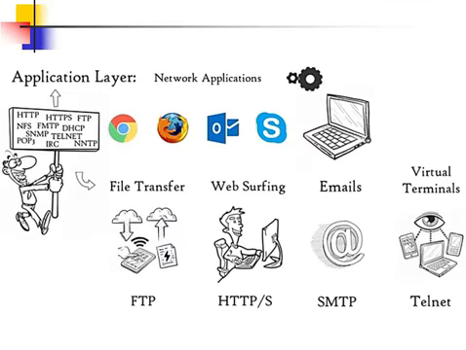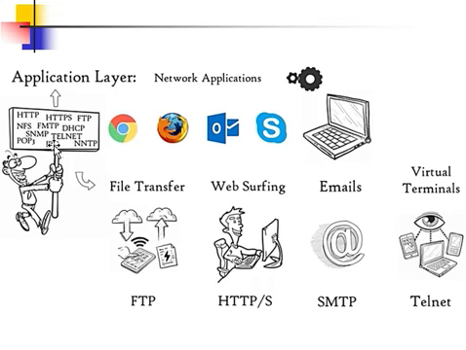Here is the example. You see that these are the different applications used in the application layer. These applications can be used by the computer system and accessed through different protocols, including HTTP, HTTPS, FTP.